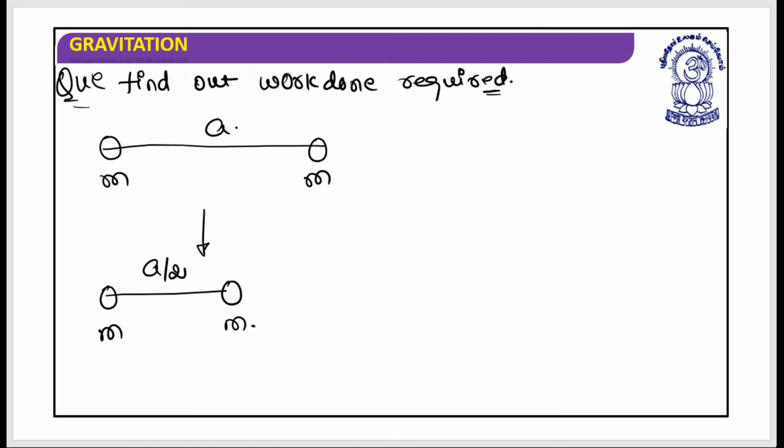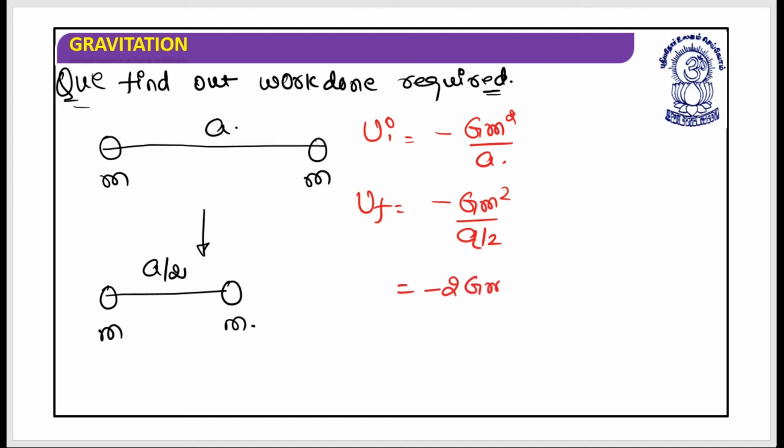You need to find the initial potential energy, UI, which equals minus GM square by A. The final potential energy equals minus GM square into A by 2, which is minus 2GM square by A.